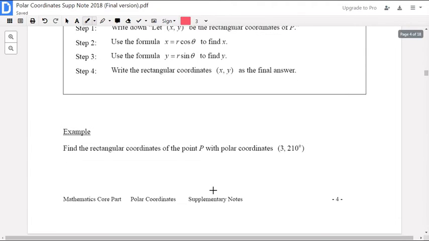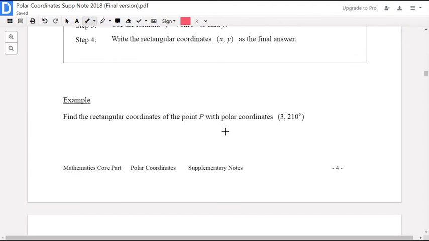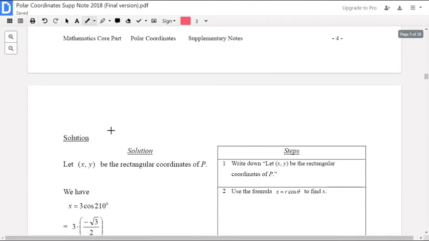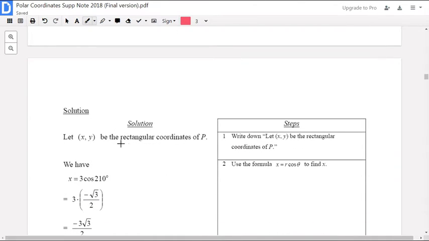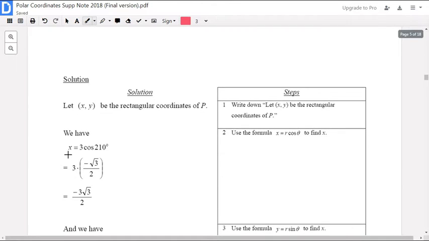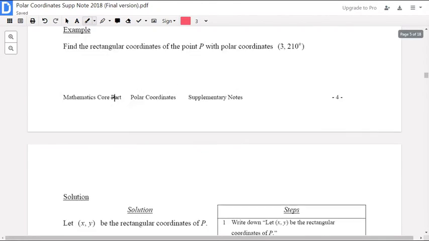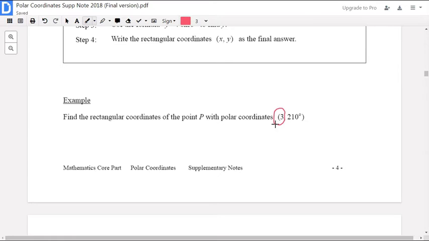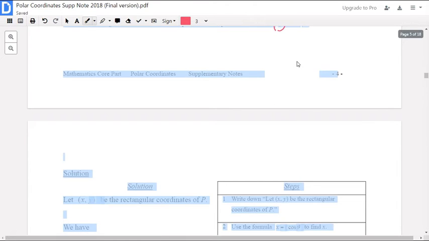Okay, an example. Suppose you want to convert the polar coordinates (3, 210 degrees) to rectangular coordinates. Let's take a look at the steps. Let (x, y) be the rectangular coordinates of the point P. Then r is 3, and theta is 210 degrees.